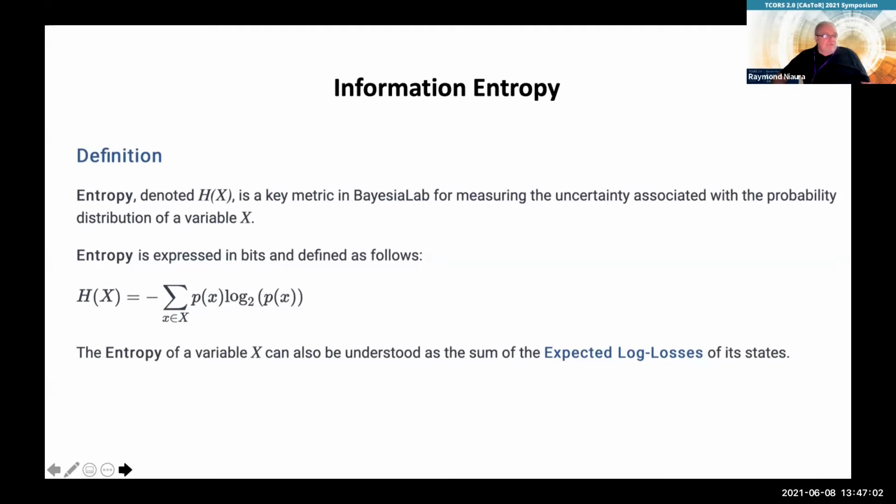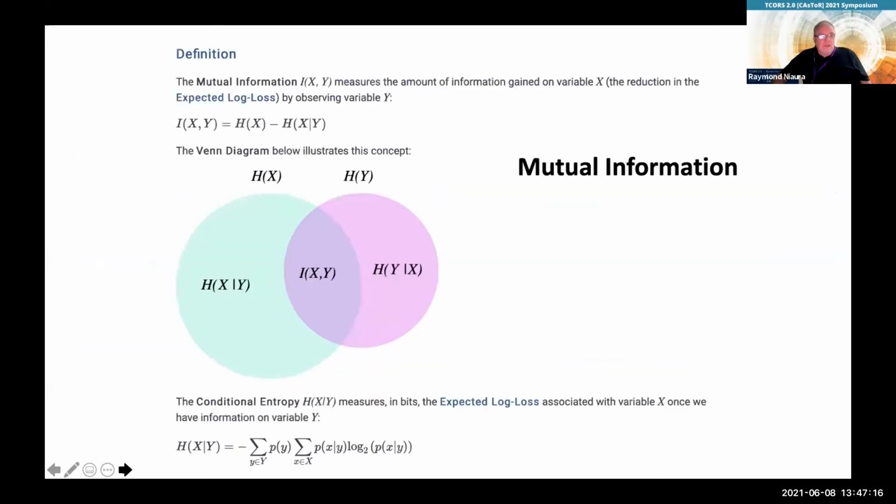For those of you who are unfamiliar, the closest analog would be the log loss statistic, which is what you get out of a logistic regression with a binary outcome. Another metric that is available to us and is really the bedrock of the Bayesian network is mutual information, and you can also compute other quantities such as the KL divergence.